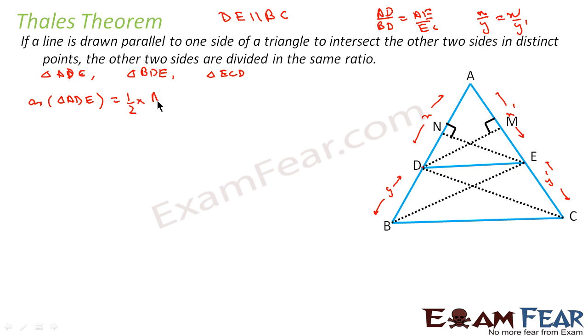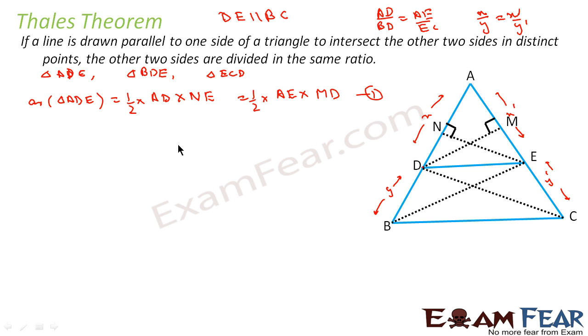This becomes 1 by 2 into AD into NE, because this is the height, this is perpendicular. This is also equal to 1 by 2 into AE into MD. Why? This time I am considering AE as the base. This is my first equation, where I have written the area of the triangle as 1 by 2 base into height, and both are the same. Correct.